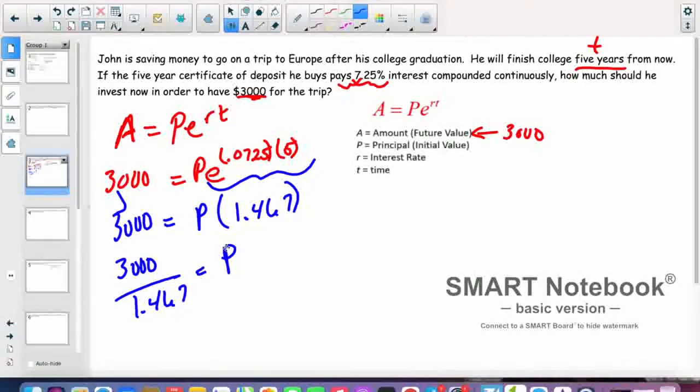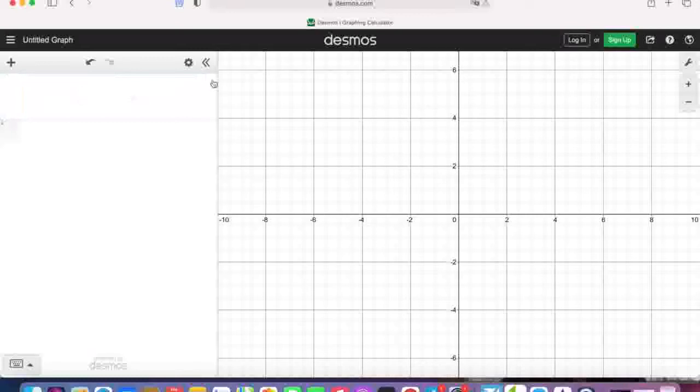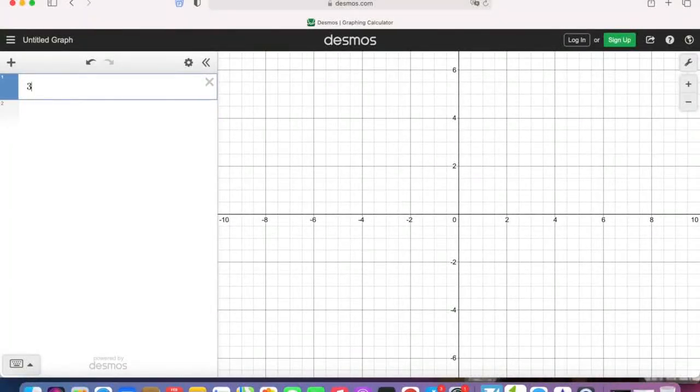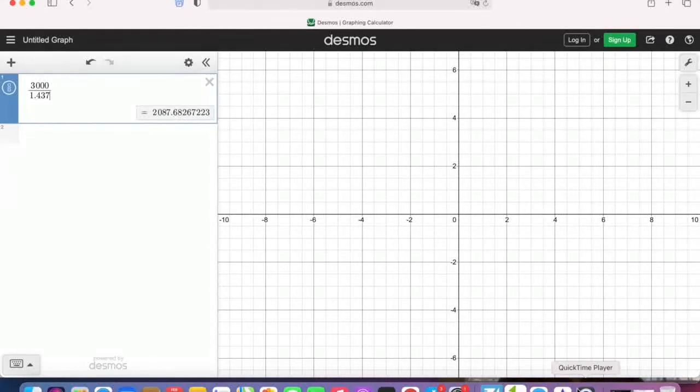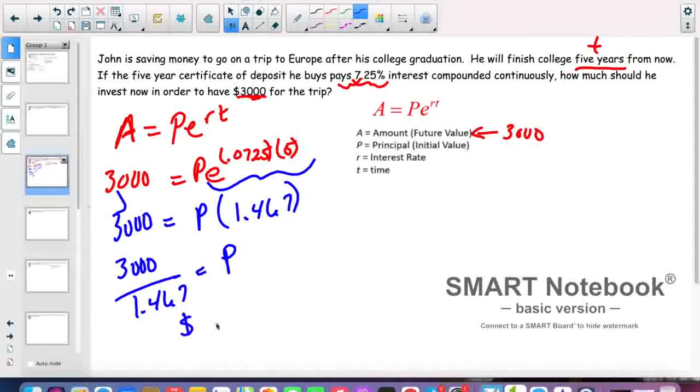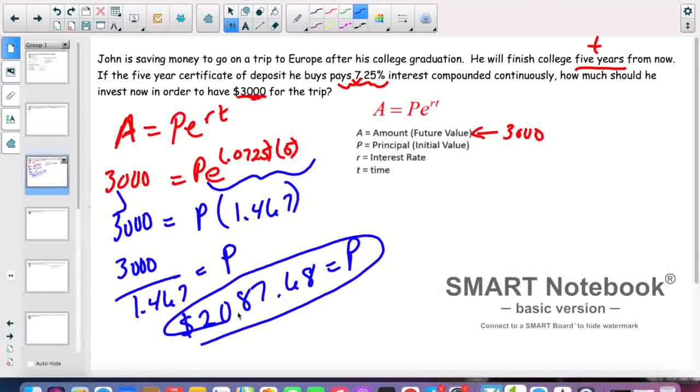So I'm going to go back into Desmos, and this time I'm going to put in 3,000 divided by 1.437. And that gives me $2,087.68 if I round. So my answer is $2,087.68. That's how much we need to initially invest in order to have the $3,000 after a 5-year period.